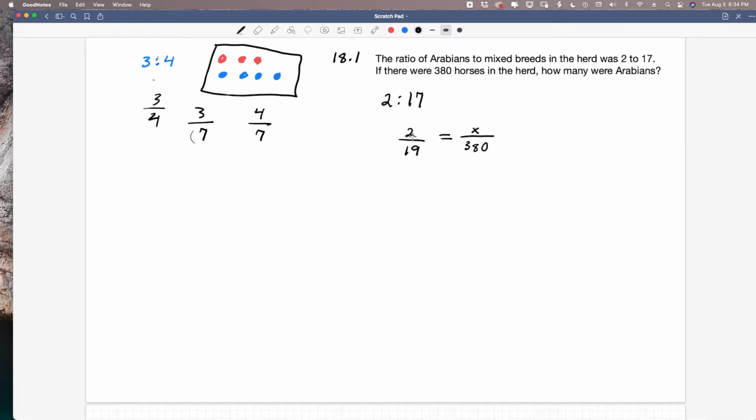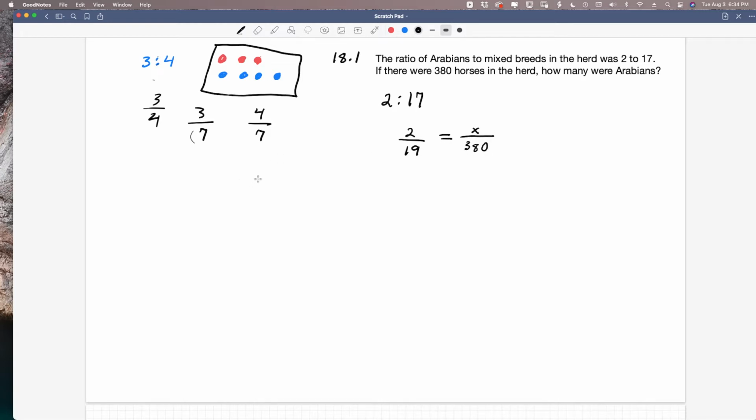So there is an equality here. This fraction is a scaled up version of this fraction. So this side can be multiplied in order to be equal to this side.